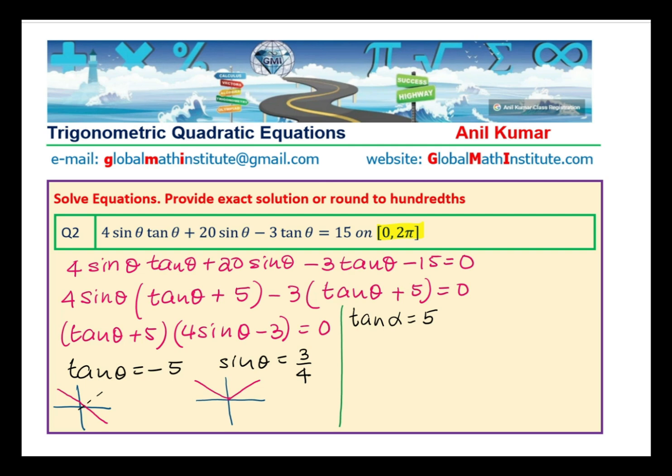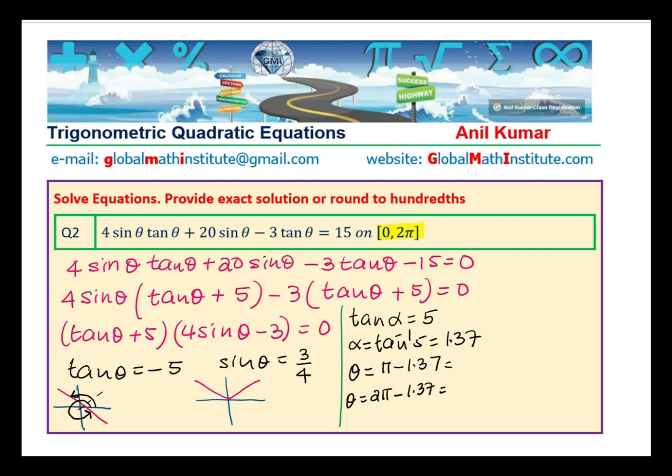So I'm going to round this as alpha equals to tan inverse of 5, which is 1.37. So what is going to be theta, which is between 0 to 2 pi? So the two solutions are, one is pi minus alpha, the other one is 2 pi minus alpha, correct? So theta equals to pi minus 1.37 and theta is also equal to 2 pi minus 1.37.